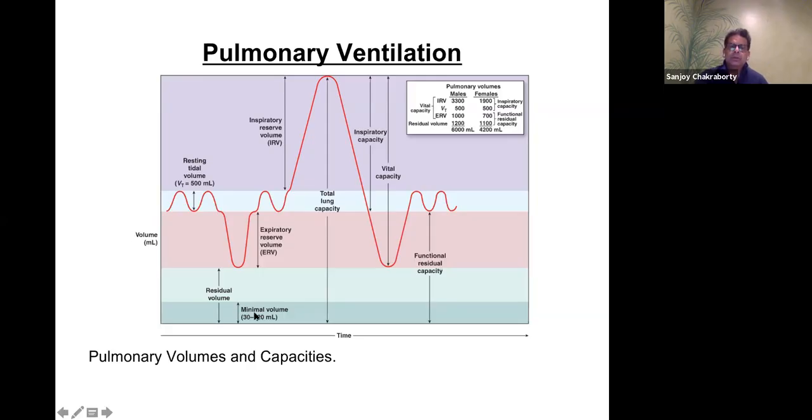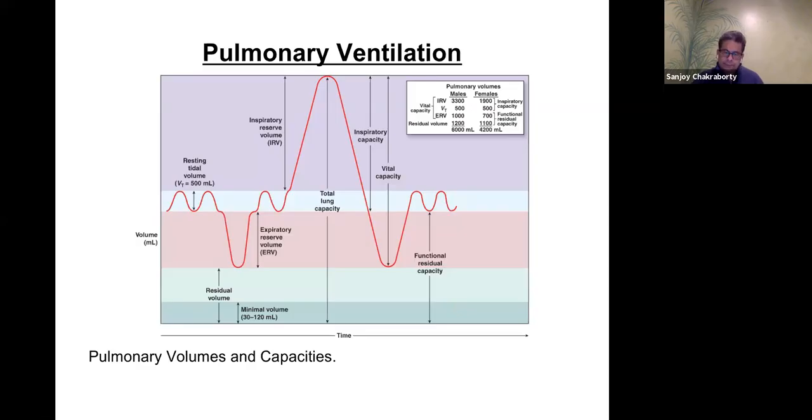This amount stays there even if the lung is collapsed, because your alveoli are all microscopic in structure. Even if you take out someone's lungs and stab them a couple of times, this air will still be there. You can't take it out because it's trapped in those microscopic alveolar structures. Now, how do you define that?